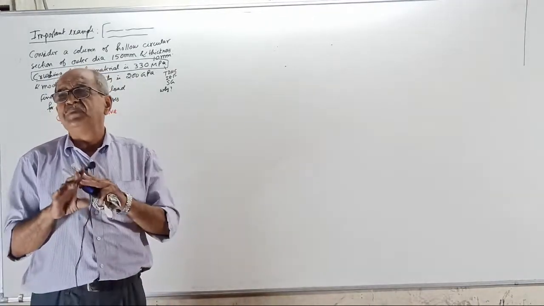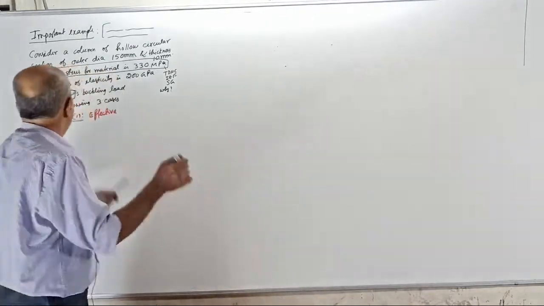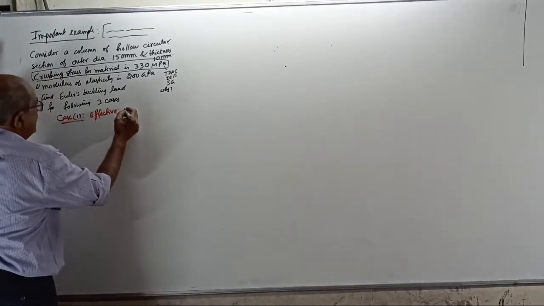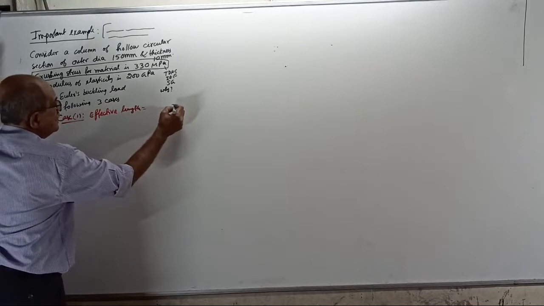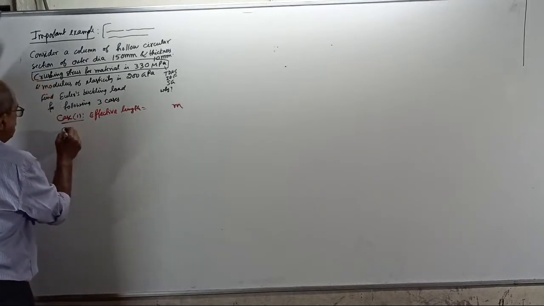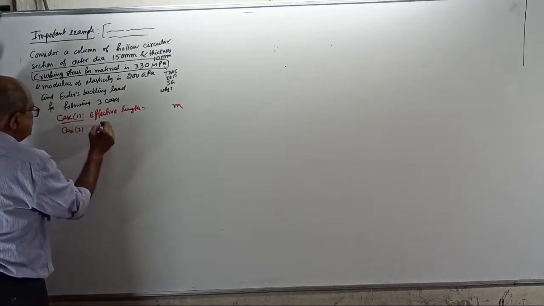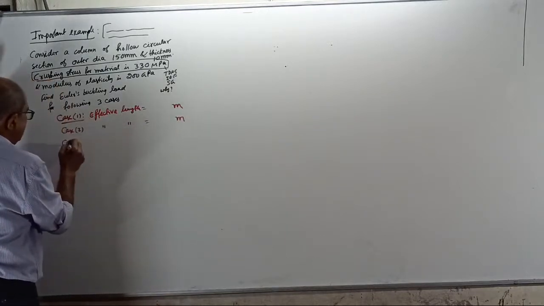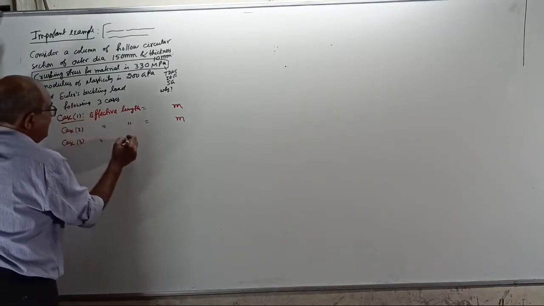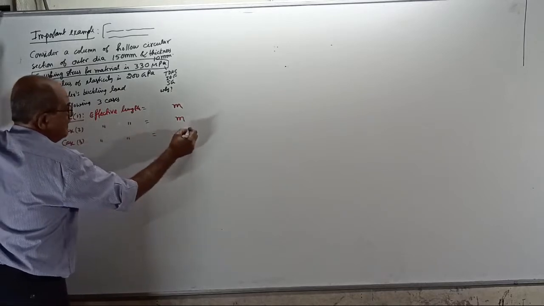No discussion is made based on actual length. So case 1, effective length equal to some meter. Case 2, same effective length equal to some other meter. Case 3, same effective length equal to some other meter.